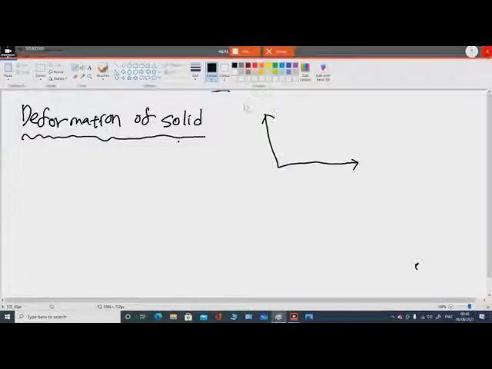Okay, so this is just an example. I don't know which material this curve belongs to, so this is just an example.